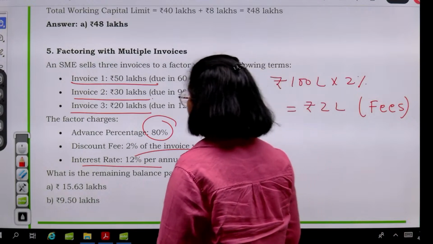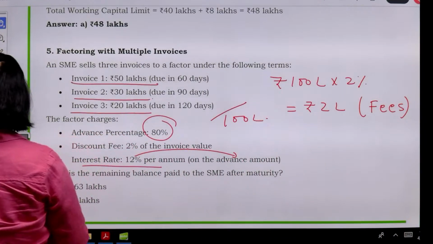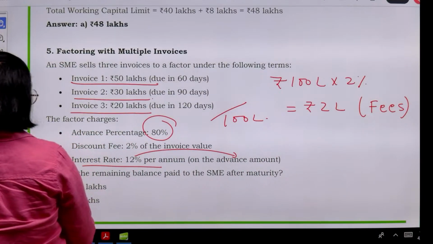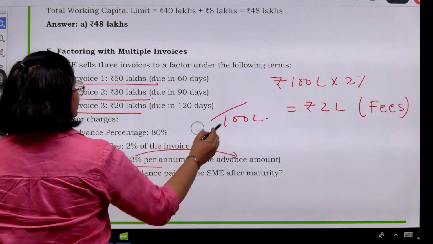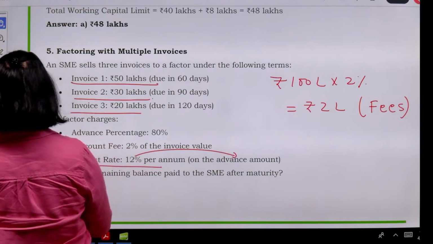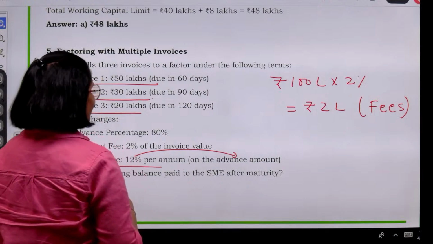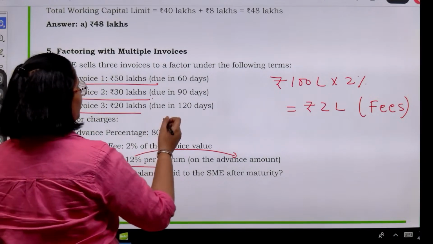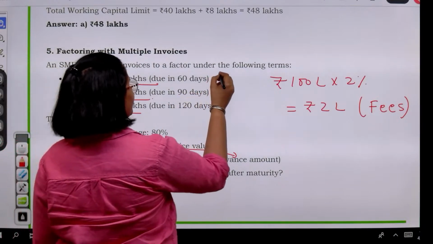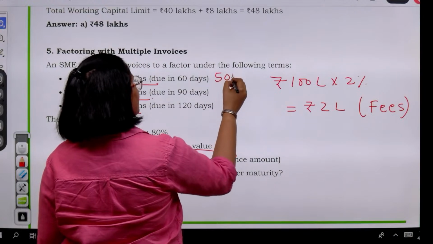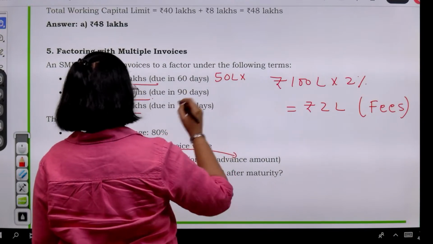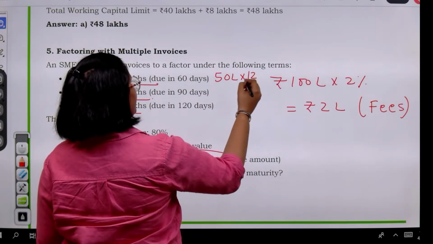Now what about the interest charges? यहाँ पे आपके interest charges क्या होंगे? See, 50 lakhs. Over here you have to calculate the interest rate. How am I going to calculate this? 50 lakhs multiplied by 12% per annum, right?